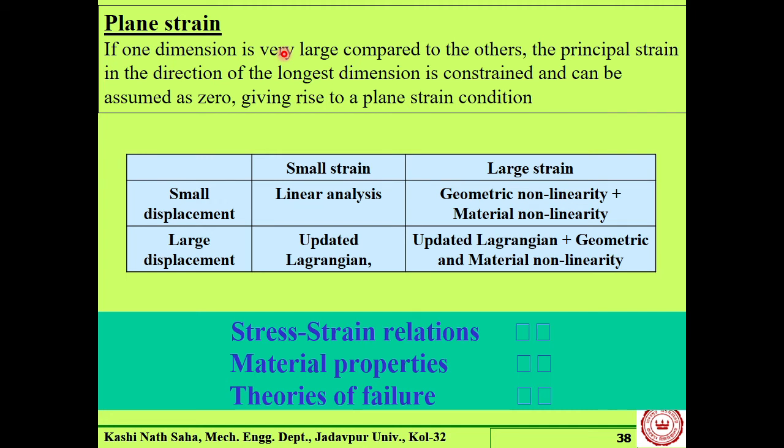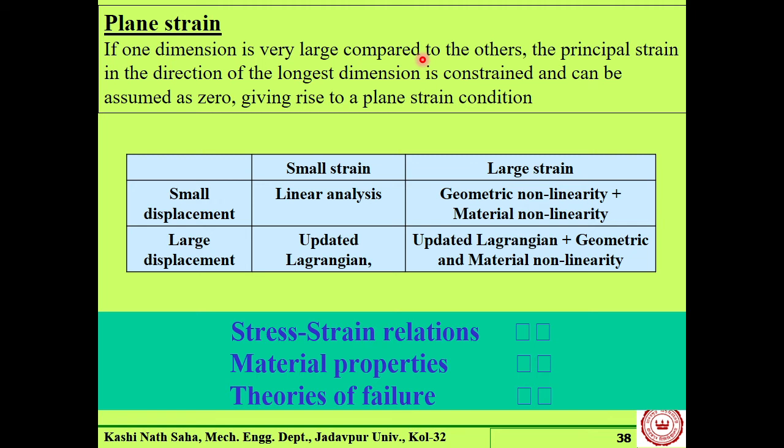Epsilon zz is 0, gamma yz is 0. That is true. There are some mathematical relations, but physically this plane strain situation occurs for very long components, where that length is very large compared to the other two dimensions.